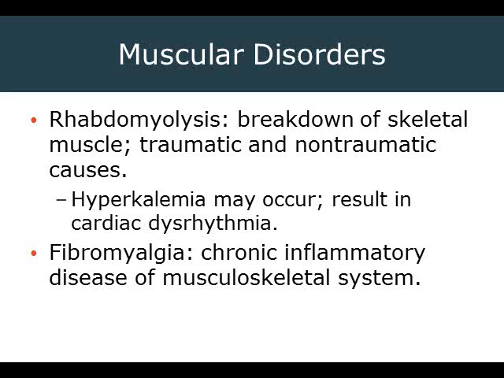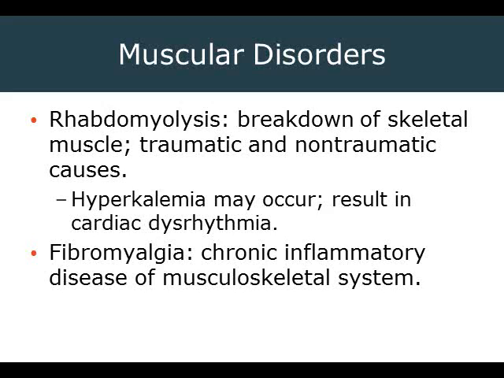We have things such as fibromyalgia. Fibromyalgia is a chronic inflammatory disease of the musculoskeletal system. There's still a lot of non-specifics to it. It's not something that's easy to diagnose. They generally have multiple tender points, so 11 out of 18 identified points have to be tender from time to time.